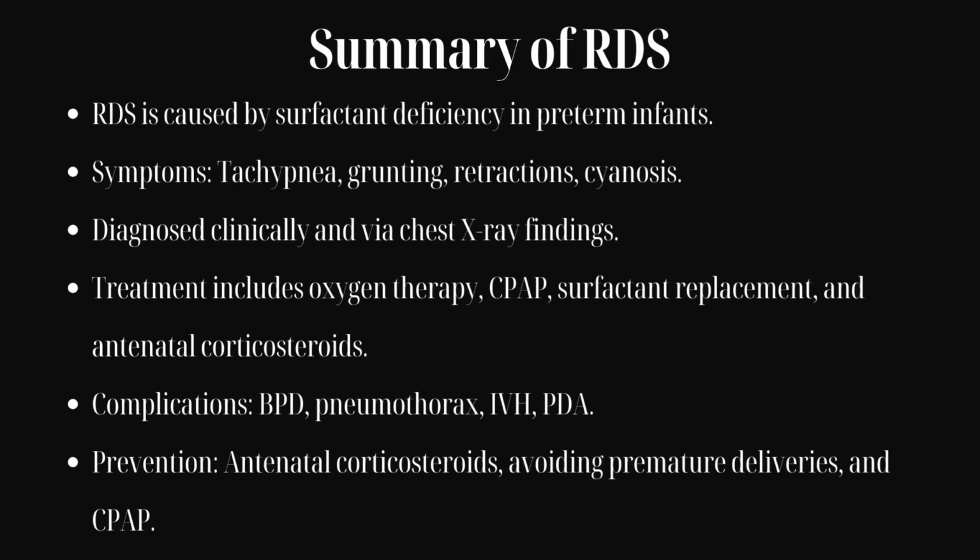In premature babies due to surfactant deficiency. Clinical signs include tachypnea, grunting, nasal flaring, and cyanosis. Diagnosis is based on clinical presentation and chest X-ray findings like ground glass opacities.